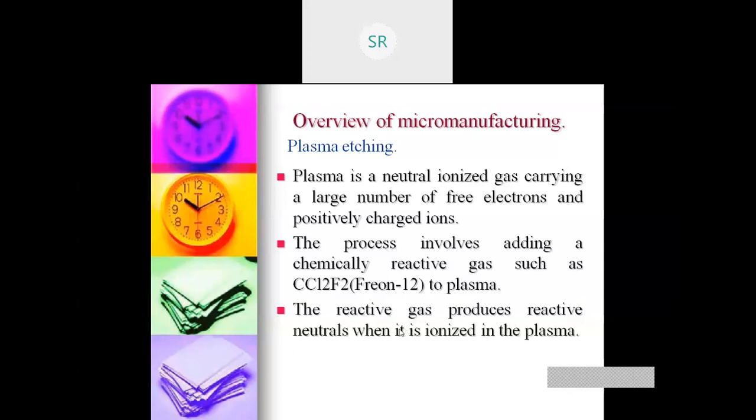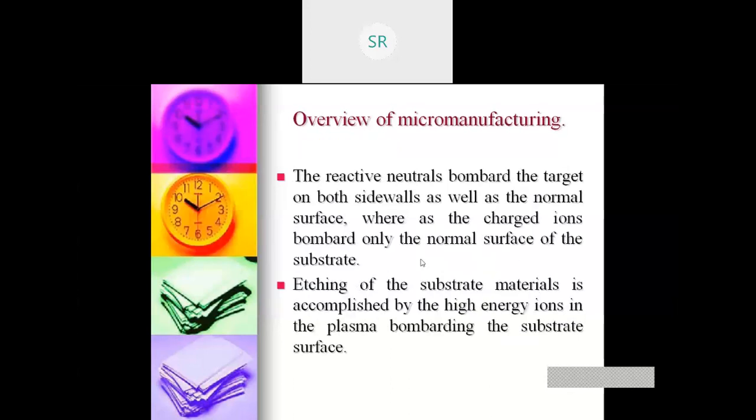The reactive gas produces reactive neutrals when ionized with the plasma. The reactive neutrals bombard the target on the side wall as well as on the normal surface, whereas the charged ions bombard only the normal surface of the substrate. So etching of the substrate material is accomplished by the high energy ions in the plasma bombarding the substrate surface.